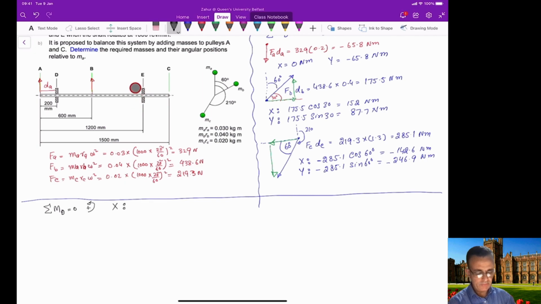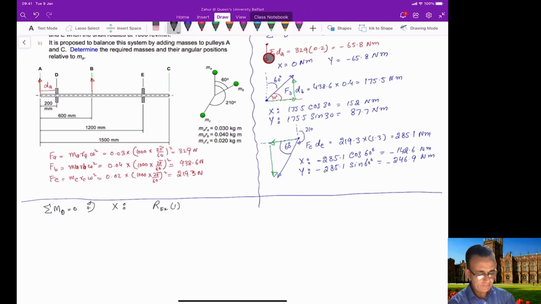Similarly, one force will be acting at D, and the reaction force at E, which will be R E x, and the distance will be from here to here, which is 1200 minus 200, so just 1.